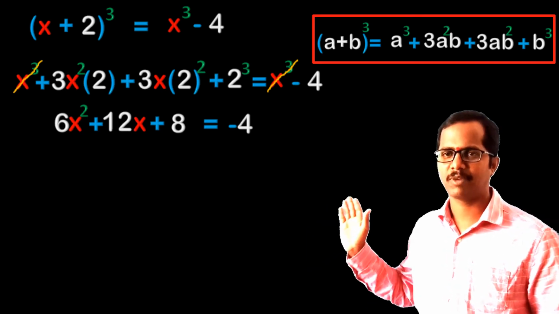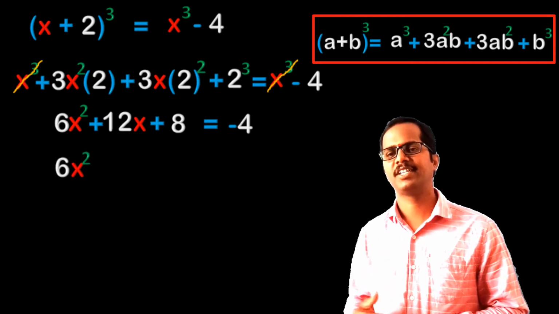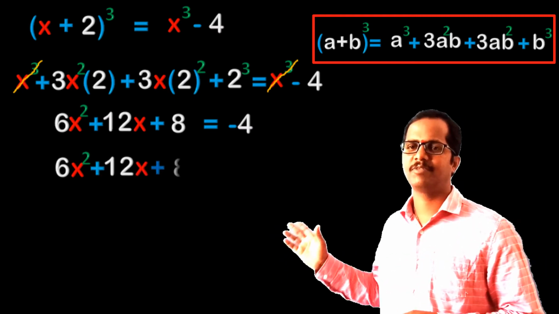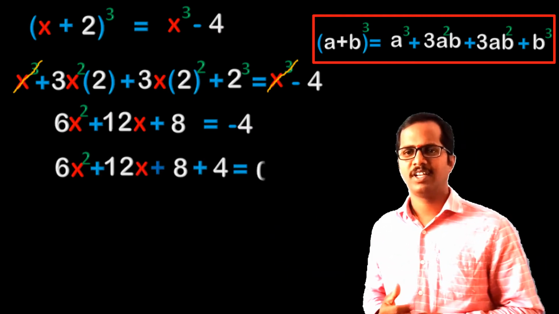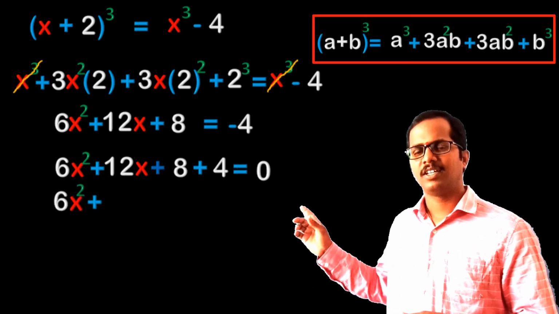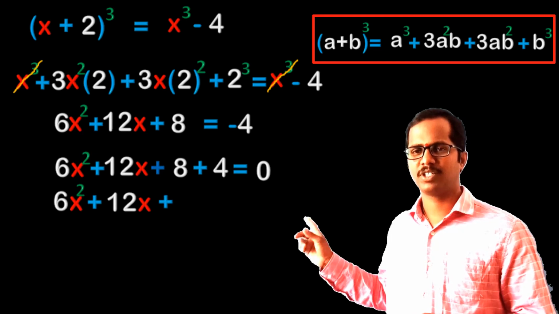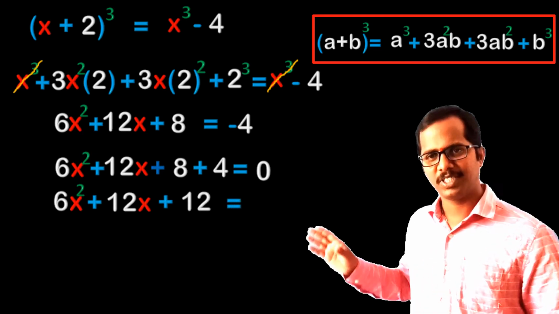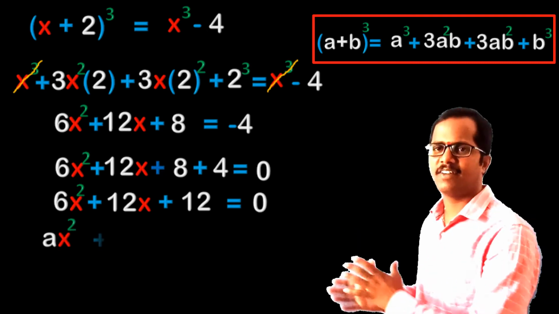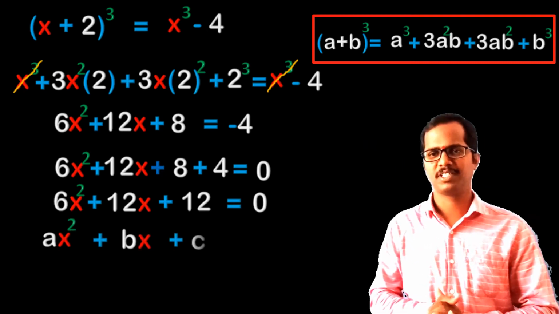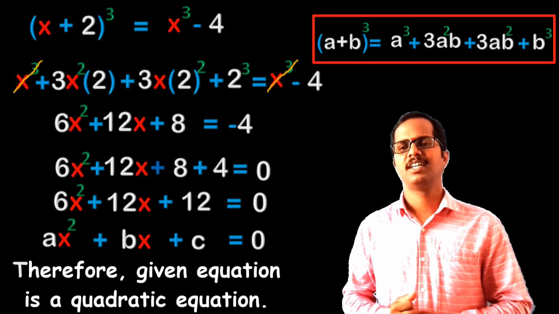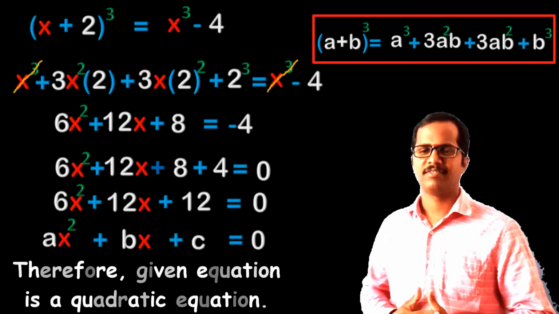Now transposing this minus 4 to left hand side we get 6x square plus 12x plus 8 plus 4 equals to 0. And again simplifying we get 6x square plus 12x, here 8 plus 4 equals to 12, so plus 12 equals to 0. Now this equation is clearly in the form of ax square plus bx plus c equals to 0. Hence we can say the given equation is a quadratic equation.